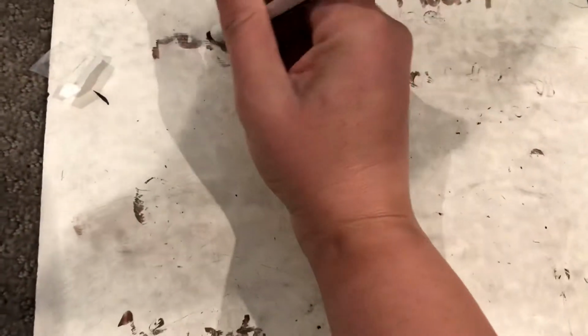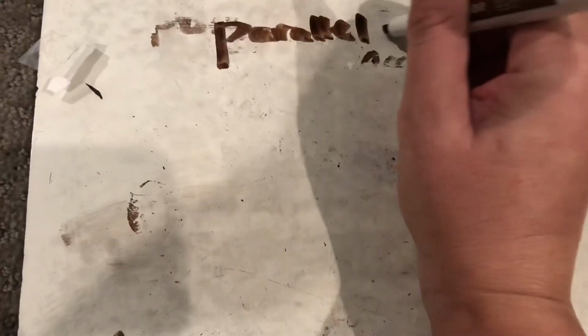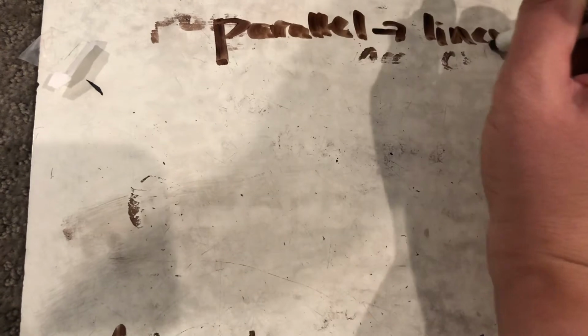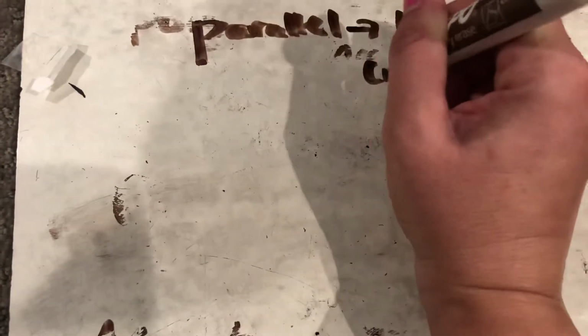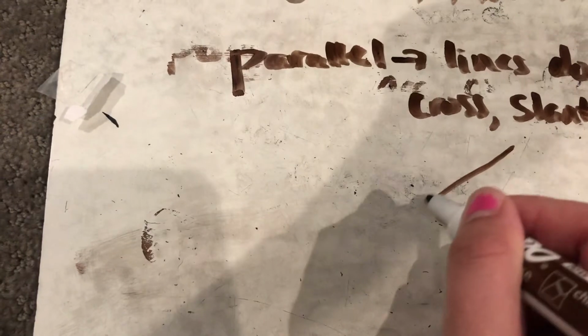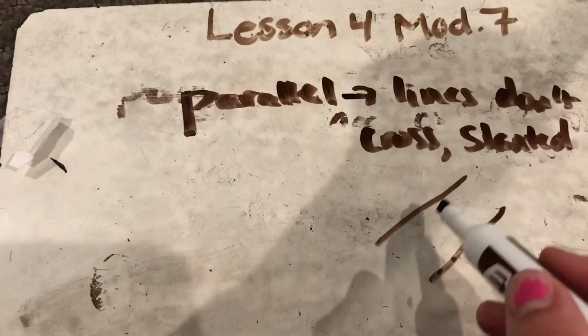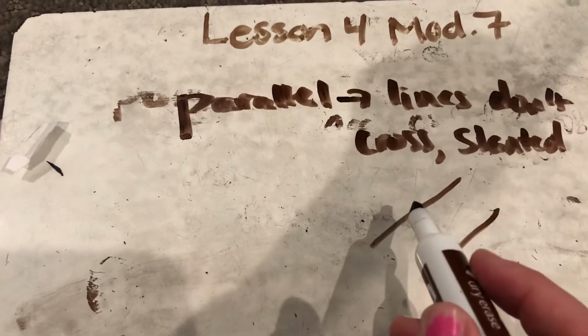And then you are going to be seeing the word parallel. And that just means that lines don't cross and they're slanted. So I'm going to draw some parallel lines. These are parallel lines, okay? They're slanted a bit and they're not going to cross.